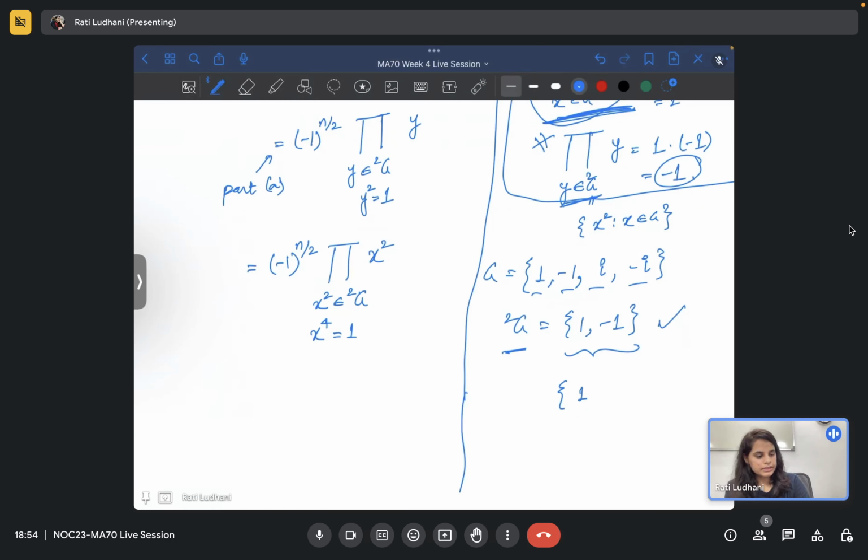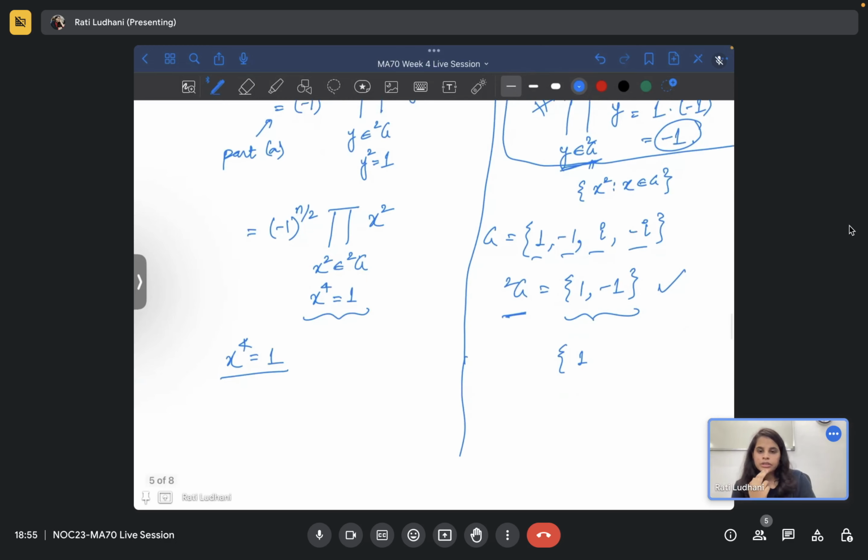Now let's split this in some cases. So okay, why am I doing it? Let me explain that. You have this condition x raised to power 4 is equal to 1. Now we need to find the fourth roots of unity in the group G. So we are interested in that part.